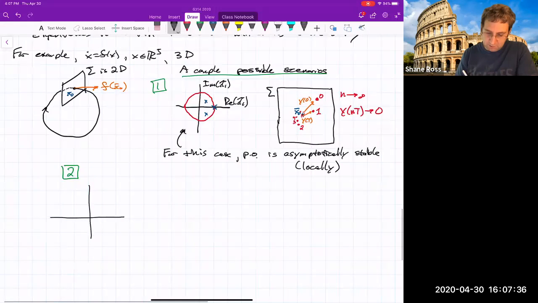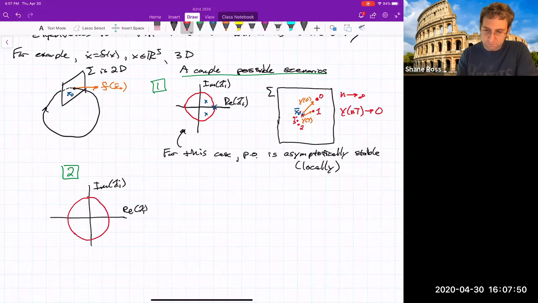Let me sketch the real and imaginary axes on a complex plane. Plot the unit circle. There's a unit circle. And for this case, I still have an eigenvalue 1.